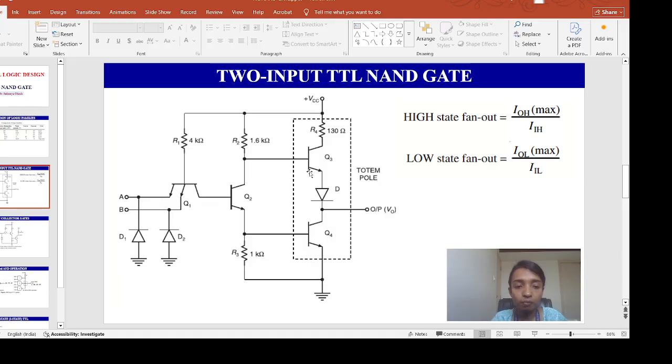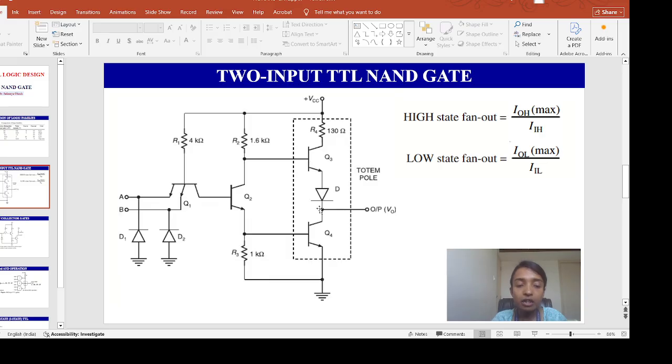When the output makes a transition from low to high, Q4 turns off more slowly than Q3 turns on. So there is a period of a few nanoseconds during which both Q3 and Q4 are conducting, and therefore relatively large currents will be drawn from the supply.